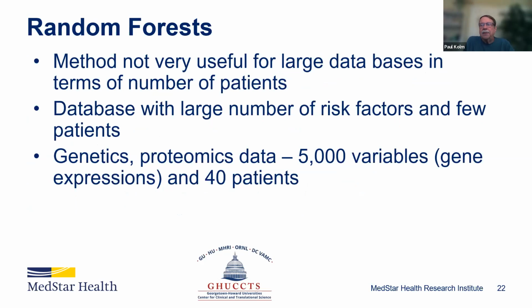Probably one of the primary examples of this is in genetics, where you might have a really large number of variables. For example, with gene expression, you could have hundreds or even thousands of variables in just a small number of patients. That's a situation in which random forest is really good to use.